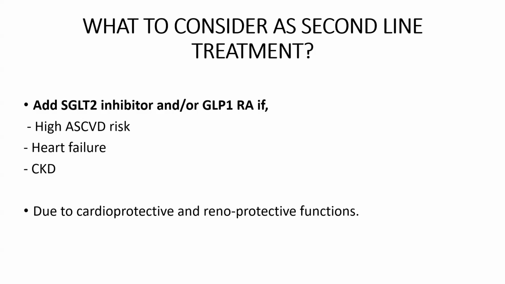They are mostly injectables. There is only one oral form, which is semaglutide, but the others, liraglutide, exenatide, and almost all the others are injectables and are expensive. SGLT2 inhibitors are readily available, and at times also available in the government sector. These two drugs are considered in these patients because of their cardioprotective and renoprotective functions.